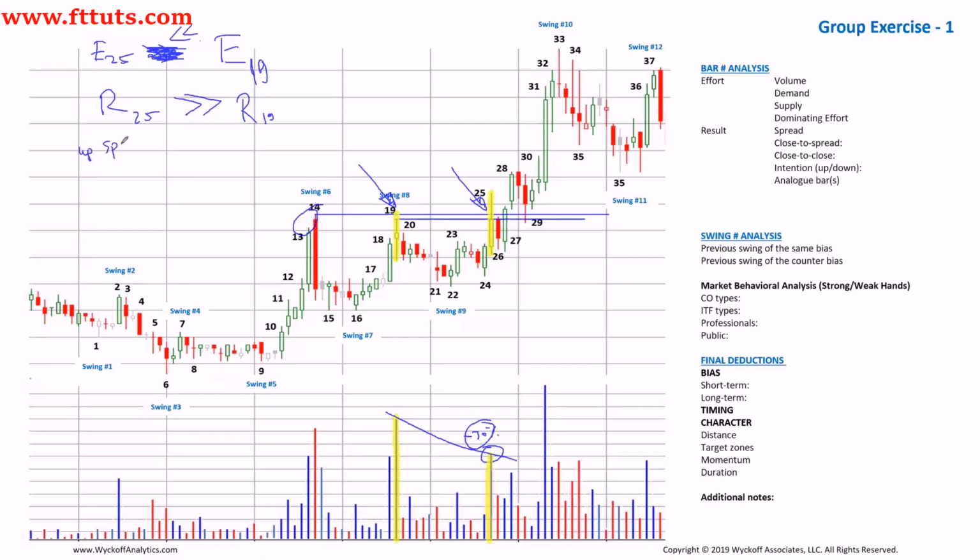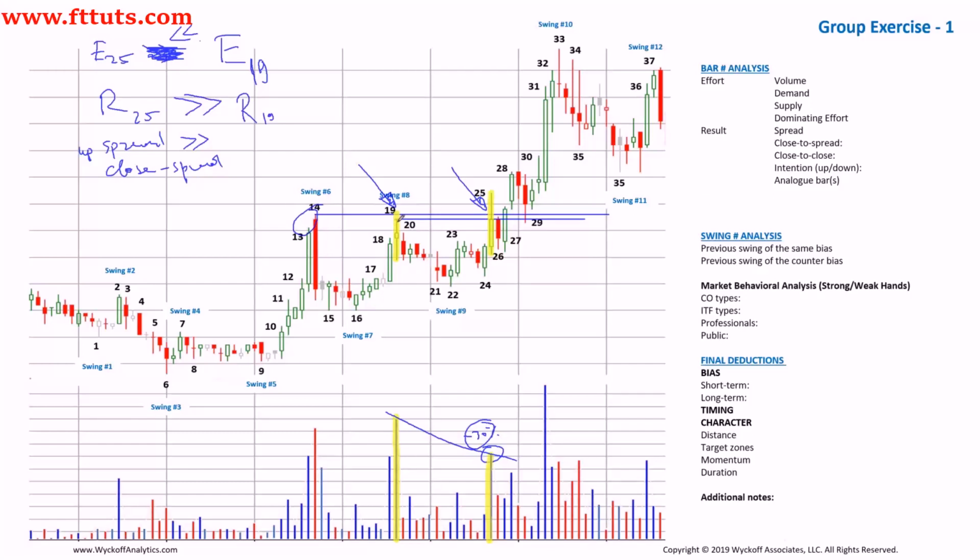Spread to the upside is better, increased. Definitely better. Okay. Close relative to spread. Slightly above half of the range. And you know, we might end up in the same type of percentile, right?